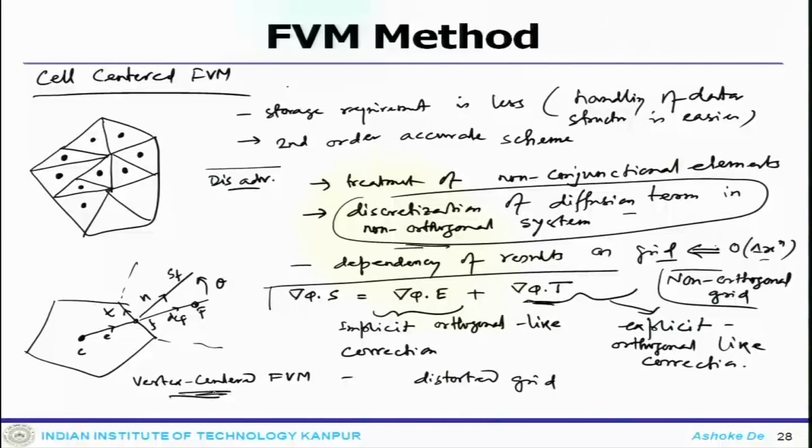Otherwise, in general the cell center arrangement is widely preferred and has lot of advantages, but obviously it does not come really free of cost. It comes with some disadvantages like non-orthogonality, discretization of the diffusion term and all this that we will see later on, and how that can be handled easily.